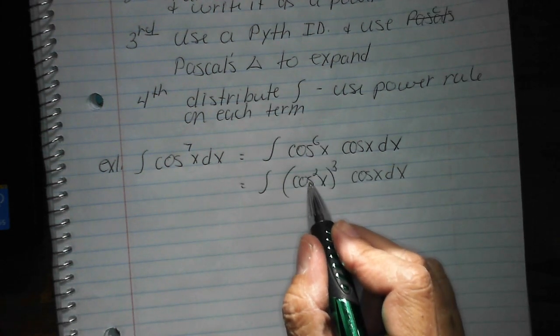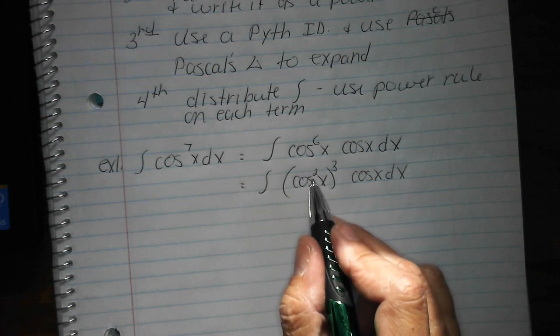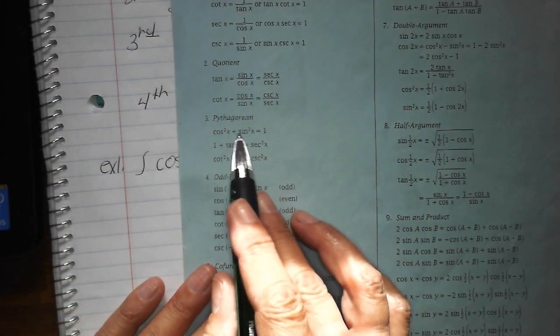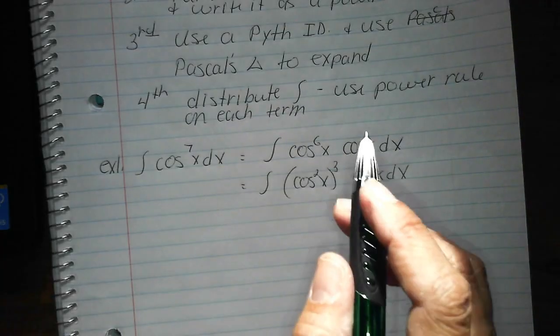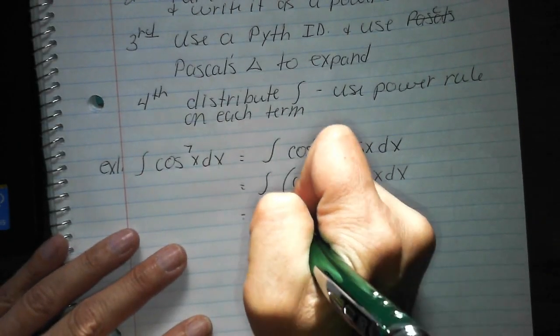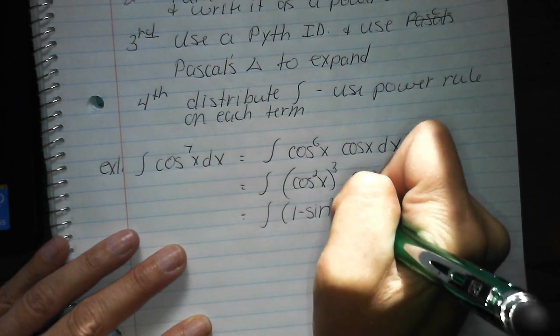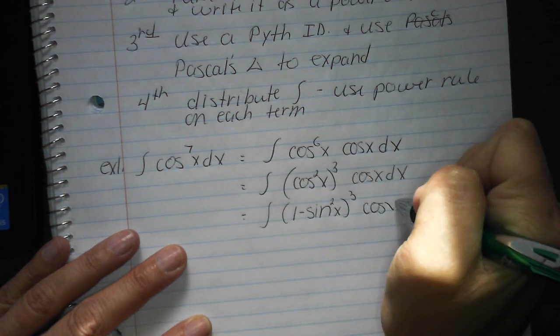Now the next step is to use a Pythagorean identity. So how do you rewrite cosine squared? Cosine squared comes from cosine squared plus sine squared equals 1, so it's going to be 1 minus sine squared. So we will have 1 minus sine squared x, still cubed, cosine x dx.